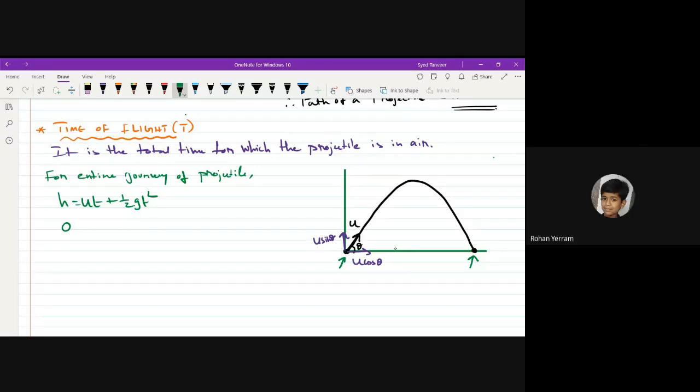Maximum height is different. This is the maximum height reached by the projectile from the ground during its journey. That is a different thing. In displacement, the initial and final points are both the same, so that's why.